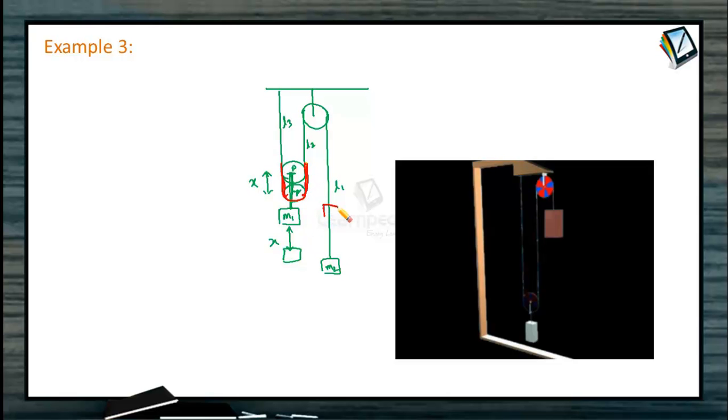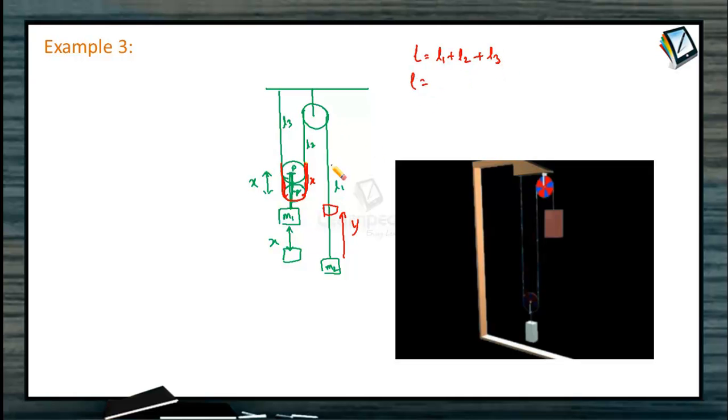This mass will go up like this. It will travel a distance of y. Correct? So this side the string will be going down x, this side also going down because the pulley has gone down here. So what is the constraint you have? Initially the total length will be equal to L1 plus L2 plus L3.